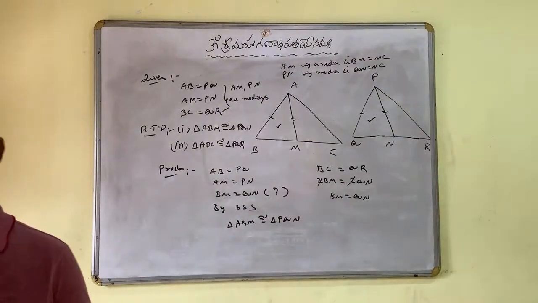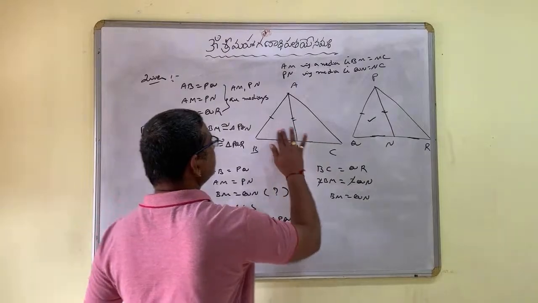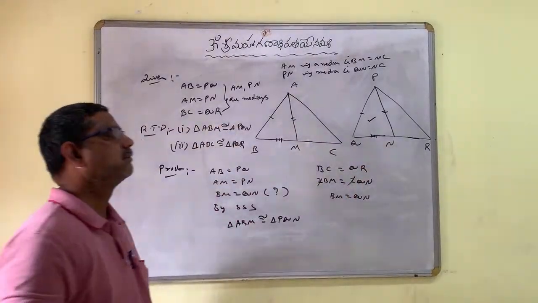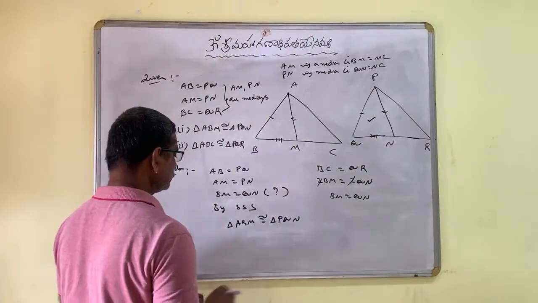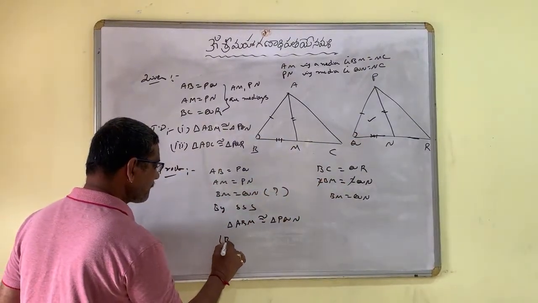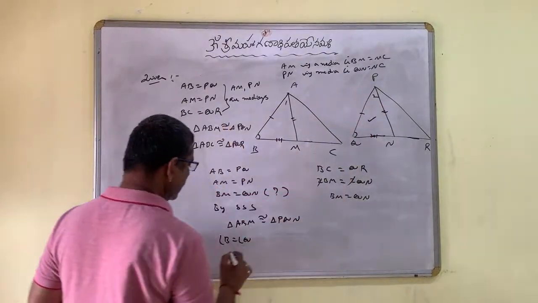Now we need to write the CPCT parts. What are they? Angle B is equal to angle Q. Angle 1 is equal to angle 2.